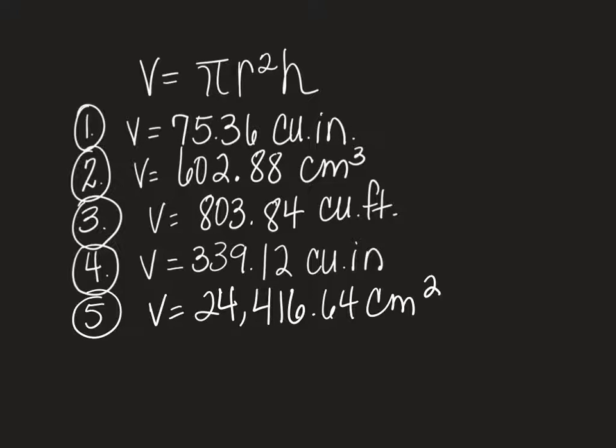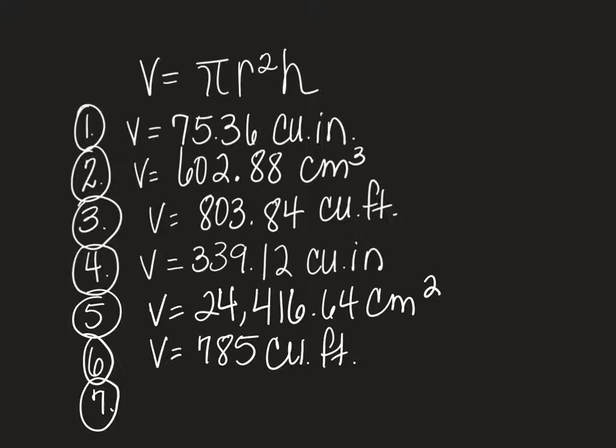That's your volume for number five. Number six, volume equals 785 cubic feet. Number seven, volume equals 2,154.4 meters cubed. How are your keys? Kathy has them. Then let's move on to volume of a cone.